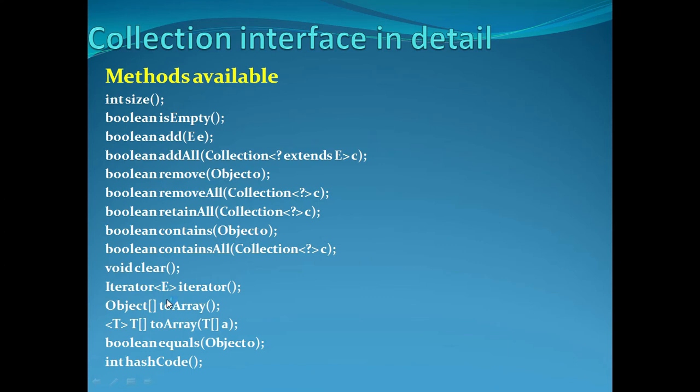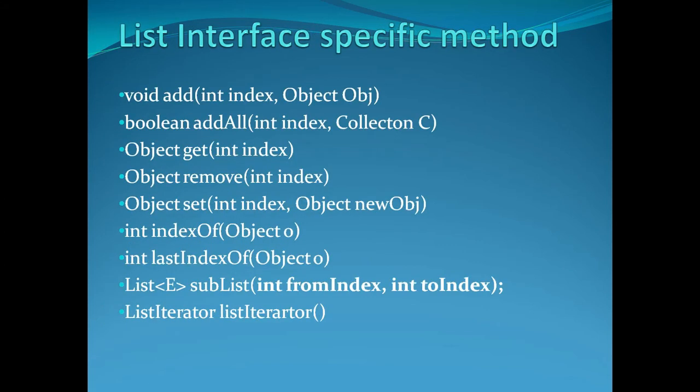Apart from the methods from the collection interface, whatever methods are available in the list interface will be available in the linked list. Almost all the methods in the list use an index, because index plays a vital role in a list.